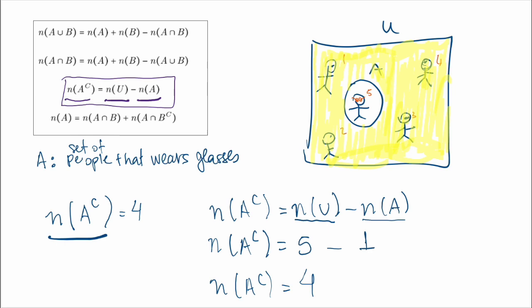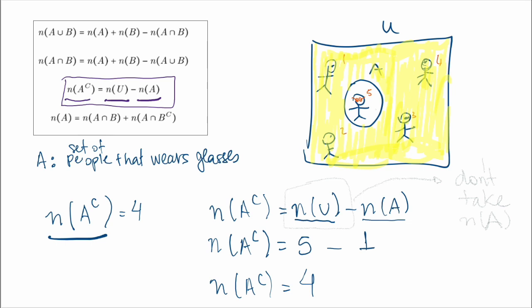I'm taking everyone in the universe, and I'm not taking whatever is in A. Don't take the number of elements in A. So I have the 5 people, but I'm disconsidering the one that wears glasses. Why is that? Because I want to know the number of people that do not wear glasses, okay?